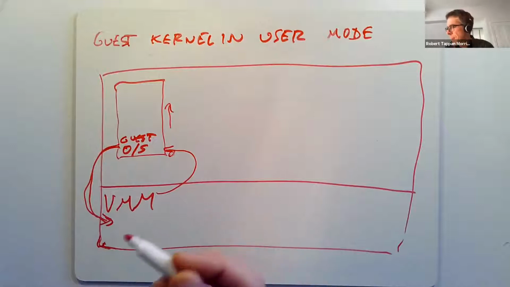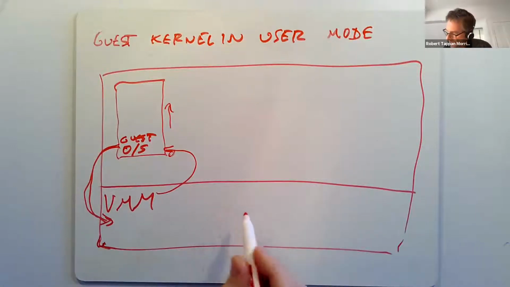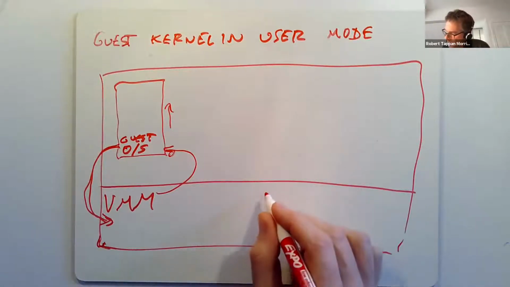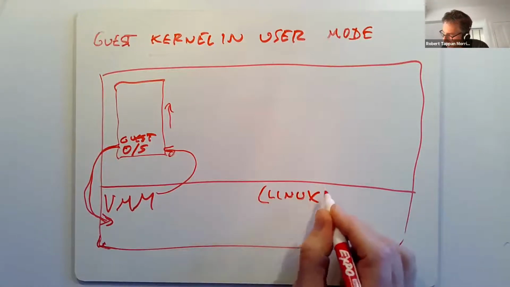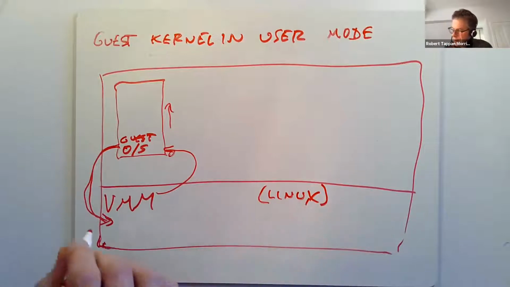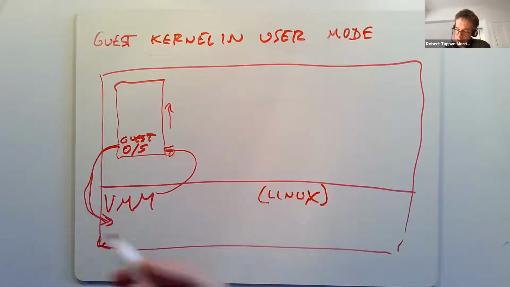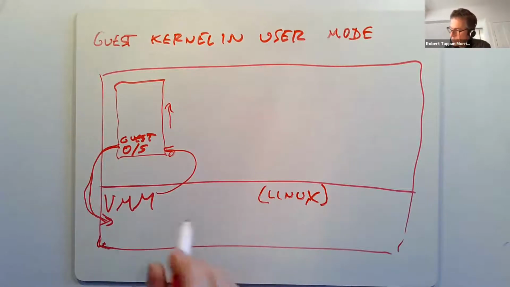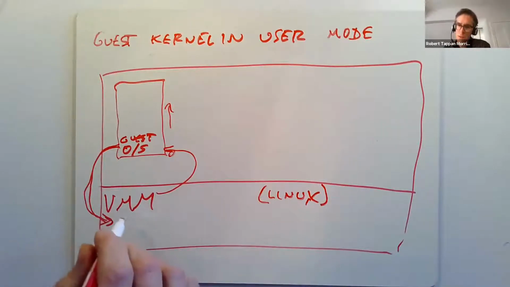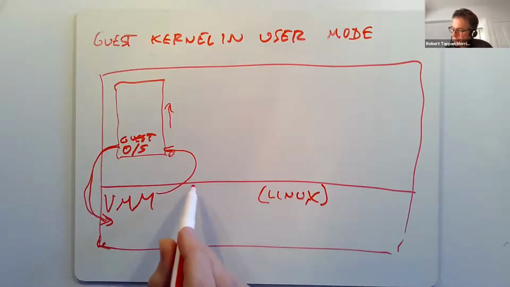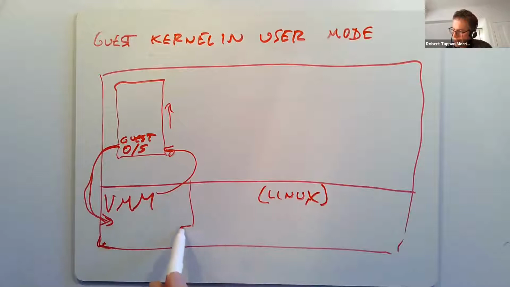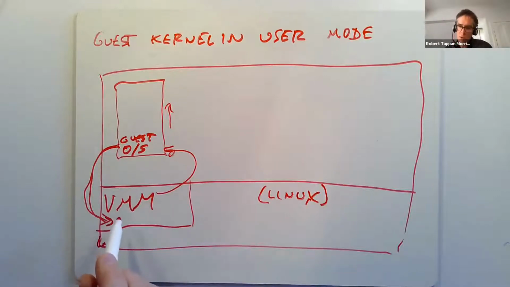In fact, there are also many virtual machine schemes out there that boot Linux. And then once Linux is up and running, either Linux actually comes with a virtual machine monitor, or you load the virtual machine monitor as what's called a loadable kernel module into Linux, and it runs in the kernel in supervisor mode.